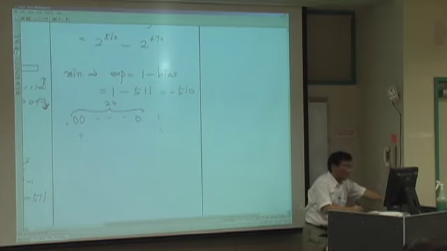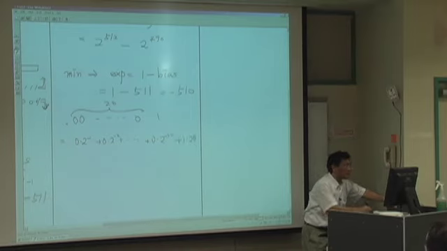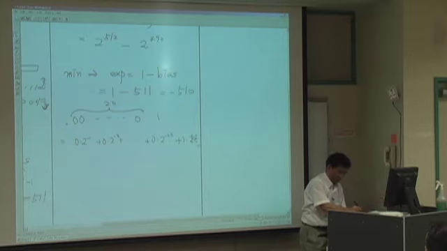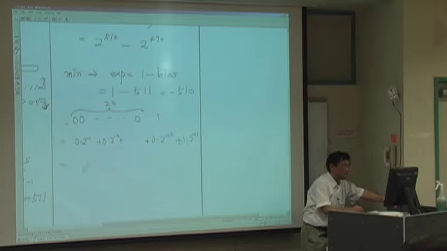Then, by definition, this means 0 times 2 to the power of negative 1, 0 times 2 to the power of negative 2, and all the way up to 0 times 2 to the power of negative 20, and then now 1 times 2 to the power of negative 21. So after this, what you get is 2 to the power of negative 21.